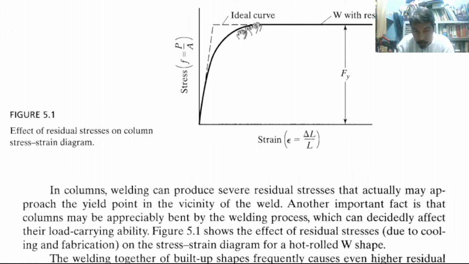We have a curve in this section. In this region, it is curved smoothly. That is the reality. This is the effect of residual stresses on columns. This is again the strain, delta L over L. So stress is the force divided by area.